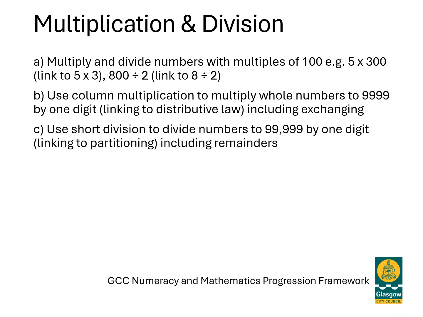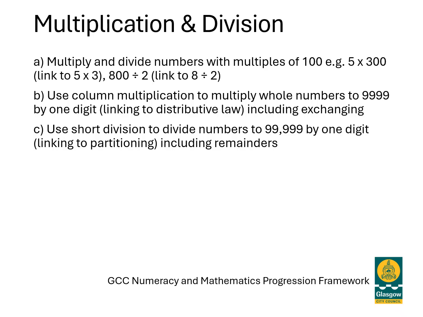Okay, moving down the block again then to multiplication and division. We are going to be using our mental agility to multiply and divide numbers with multiples of 100. So there's some examples given there, because this is really using our times tables knowledge and our division factor knowledge to be able to deal with multiples of 100.